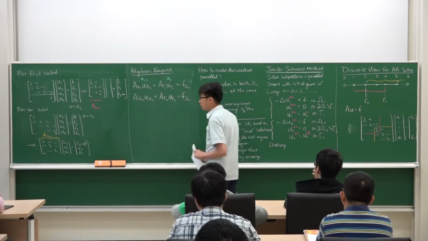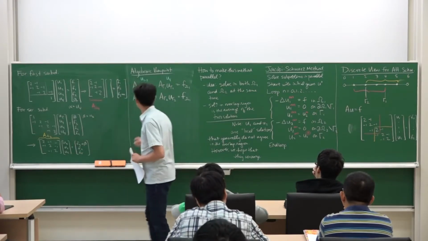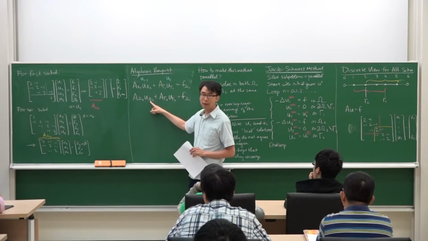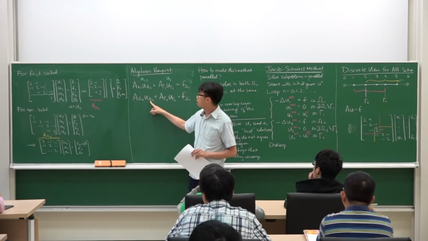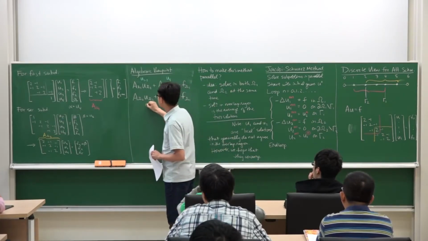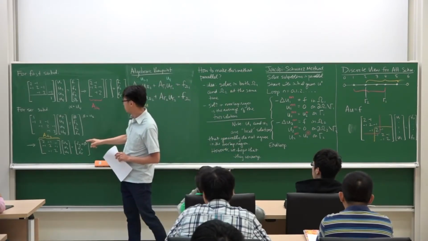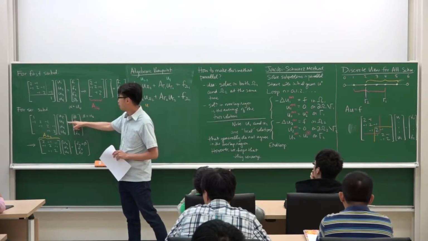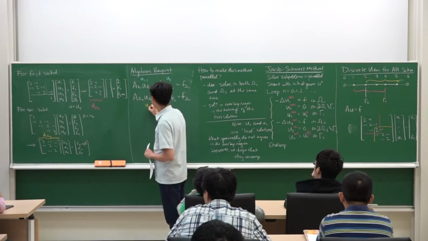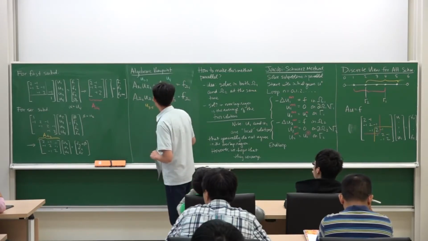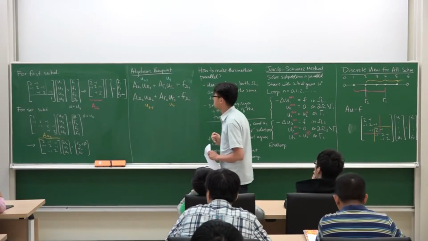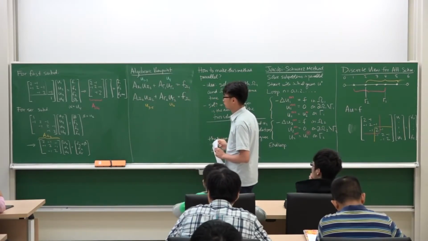For the second subdomain, what are the variables in U omega 2? So this is just U 3 to 5. And this is just U 2.